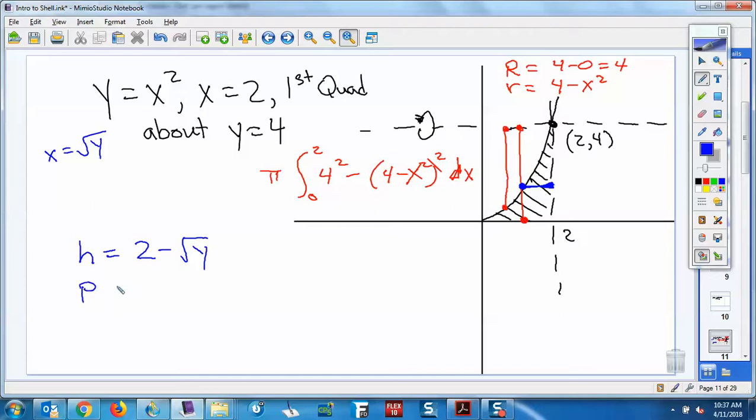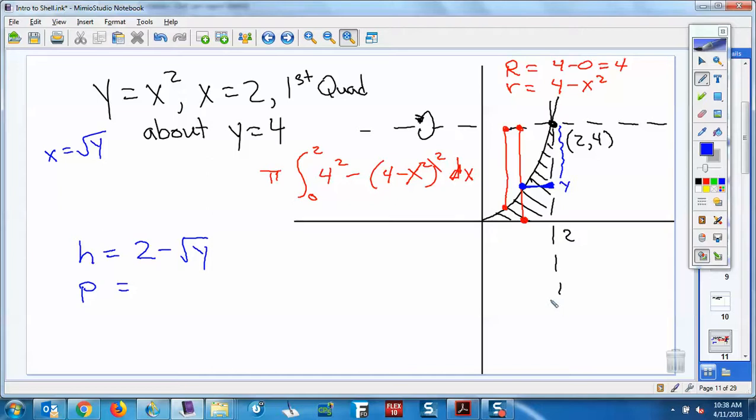And then what's P? We would label this strip with a y. And then what's P? P is from where to where? Look in your notes. From the center to the strip. Where's the center? 4. That's this distance right here. I usually draw that in there. P, you've got to get that into your head.